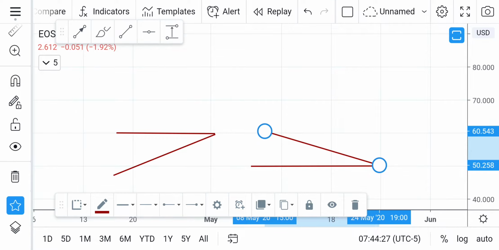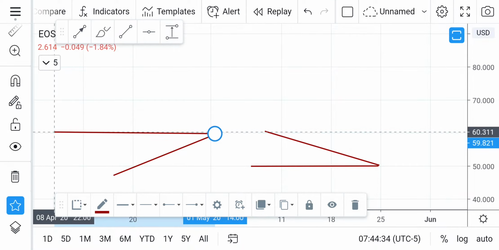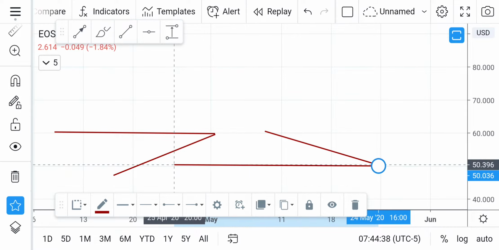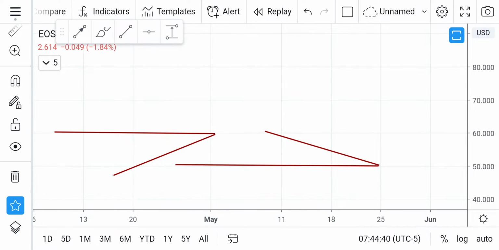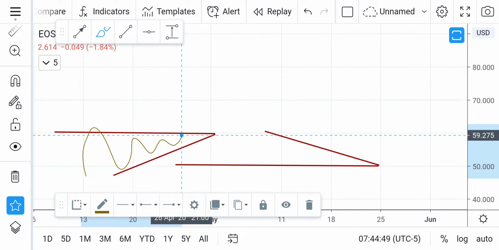So what do you notice over here? You are going to notice that for ascending and descending triangles, you always have a straight line as your resistance or a straight line as your support. That is just the difference. And price is going to move through it like this, and then break up.